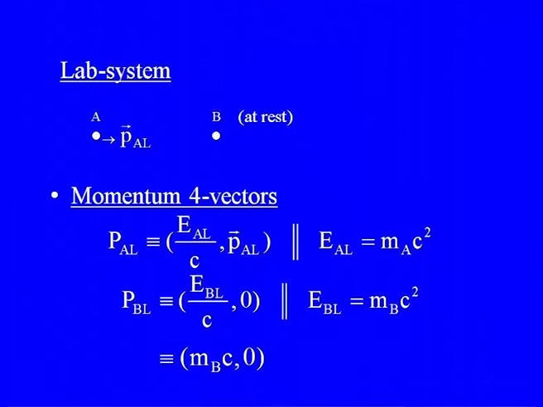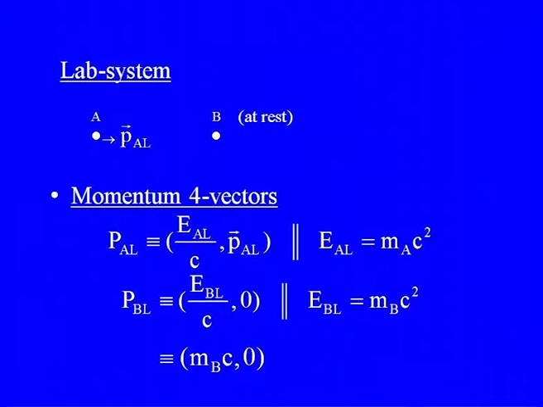Now, what would be the 4 vector for these bodies? Recall that the 0th component of the 4 vector relates to the energy. So we have the energy of body A in the lab system divided by c, the speed of light, and then the other 3 components are the 3 components of a 3 vector. And what is EAL?